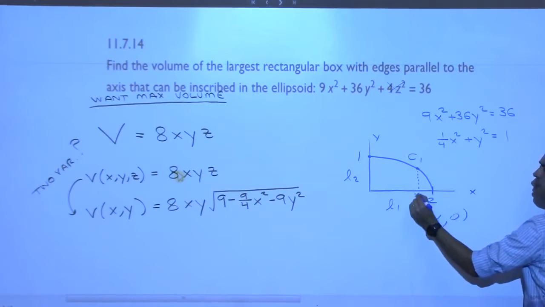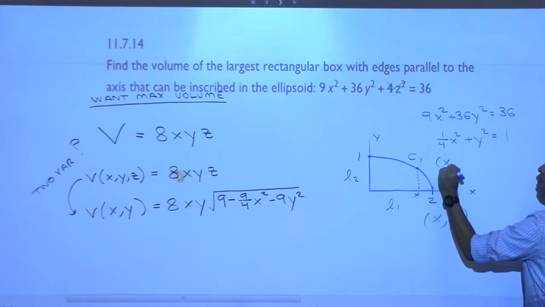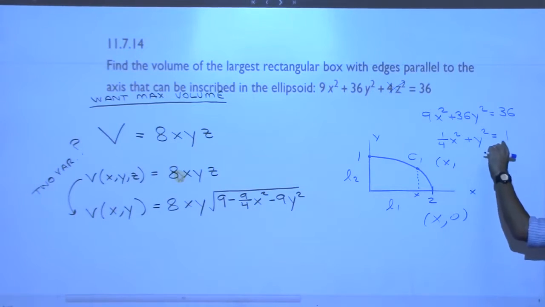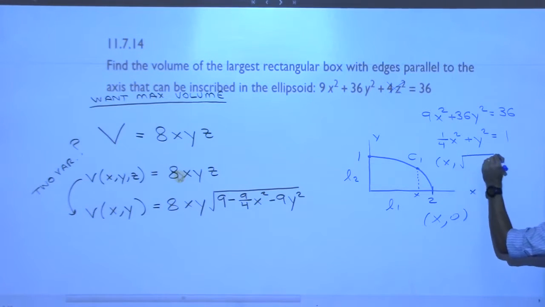It's going to have some x-coordinate, and then the y-coordinate is going to be this solved for y, which is the square root of 1 minus 1/4 x squared. Move that over. Square root. Do y'all feel okay with this? It's a lot to swallow.